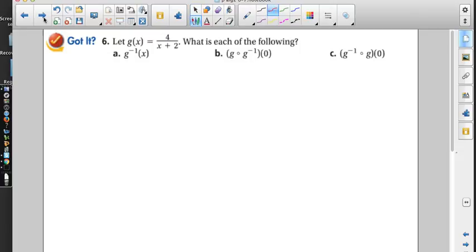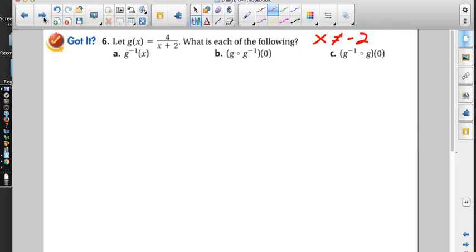Alrighty, g of x is 4 over x plus 2. Domain, what can't we use? Negative 2 is out. Are they asking us to find g of negative 2 with any of these problems? Nope. 0 and the 0.